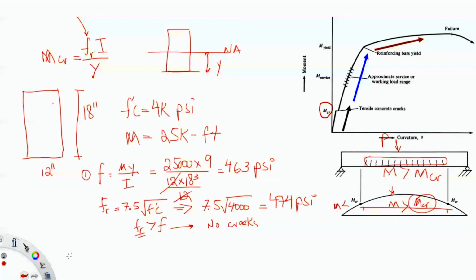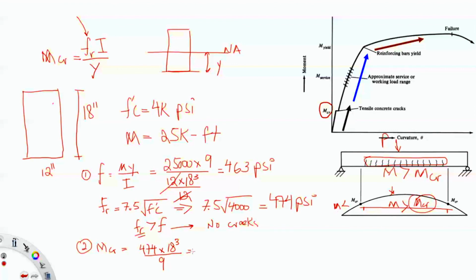Or we can do it another way: calculate M crack. What's the equation of M crack? We just calculated the rupture, which is 474, multiplied by the inertia, which is 18 cubed, because I'm just going to write 18 cubed since here we canceled 12 and 12, divided by 9.